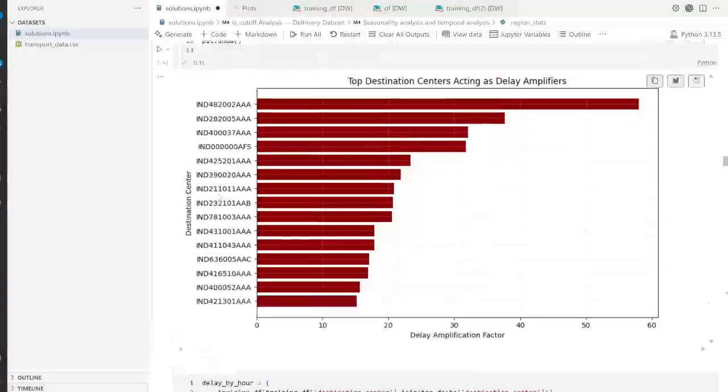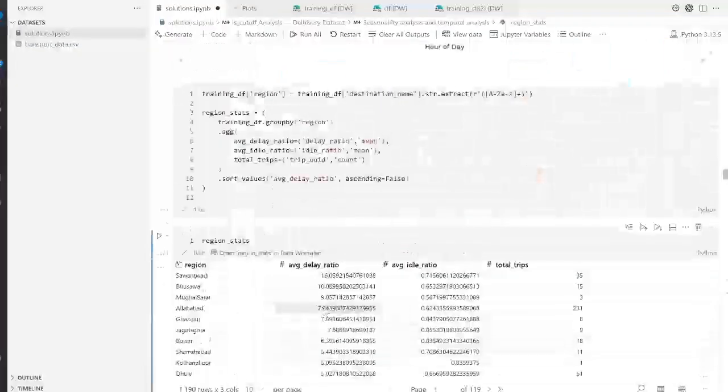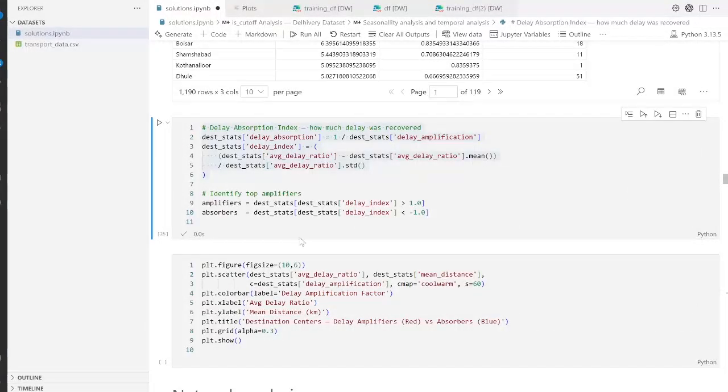And before, we saw which centers are acting as delay amplifiers. But using the same concept, we can also find which centers are acting as delay absorbers. And by this time, you would have already guessed that this is actually the inverse of delay amplification.